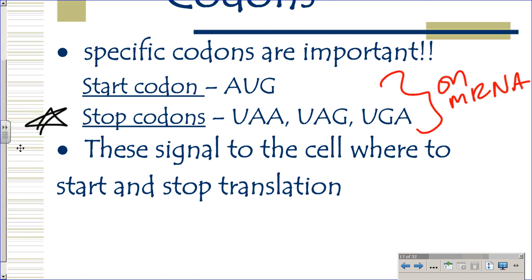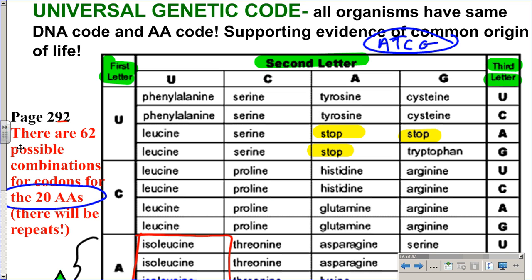Which one? UAA. Okay, UAA. It just says stop. It doesn't code for anything. So those are pretty easy because you can actually look on the codon chart and see what they are, if you have the codon chart in front of you. Well, this one is UGA or UAG. If you can find it on the codon chart, you can use it.